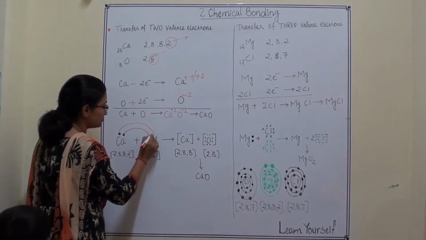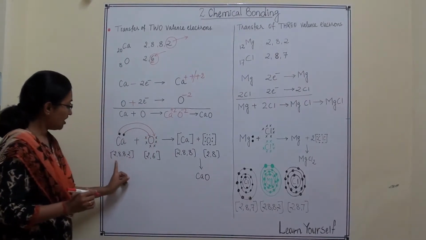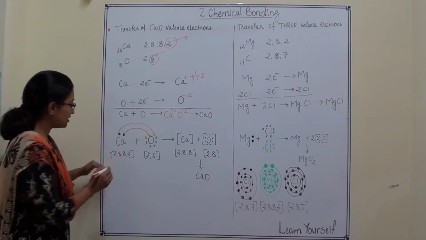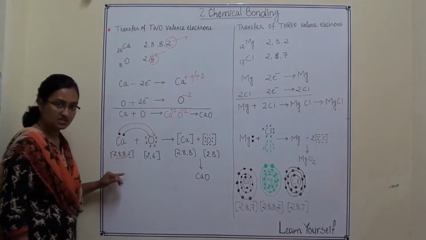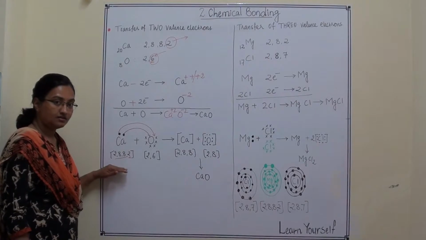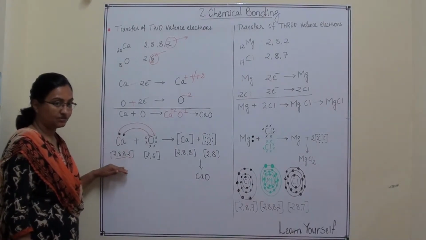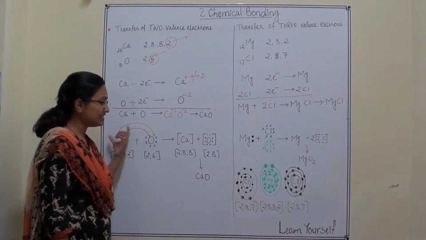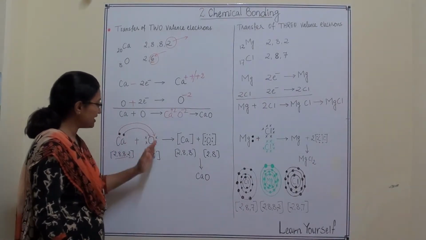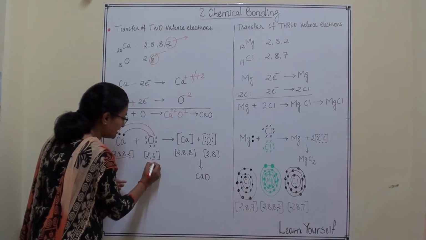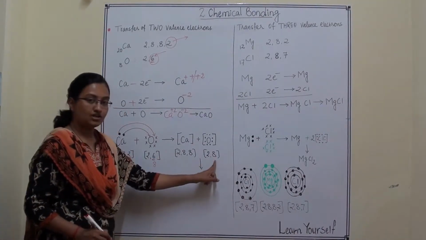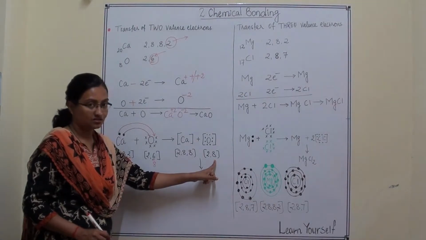After donating these 2 electrons, calcium will become 2, 8, 8 and form a stable electronic configuration just like argon. After getting these 2 electrons donated by calcium, oxygen will become 8 and get an electronic configuration just like neon.